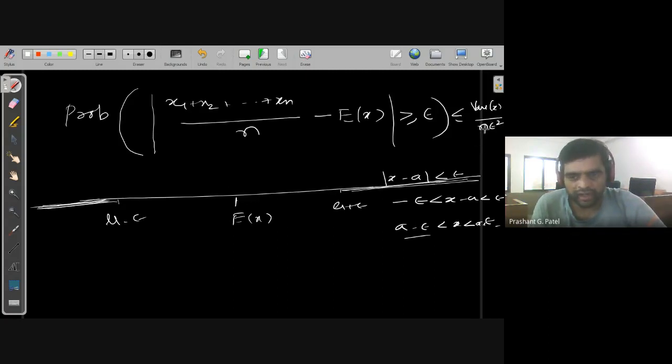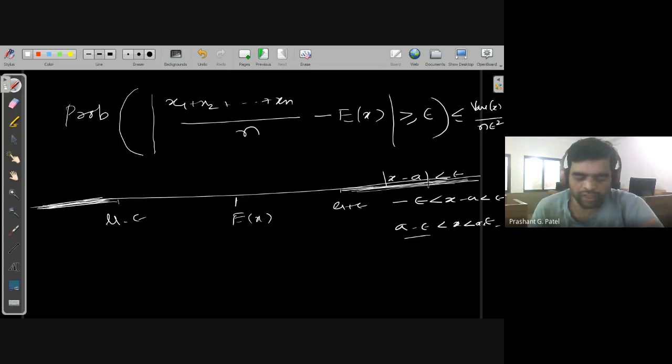Notice that epsilon square makes the fraction a very small quantity. If epsilon is large, its square will be very large, so this will be a very small quantity. That means the chances that anything will come up outside goes to zero.